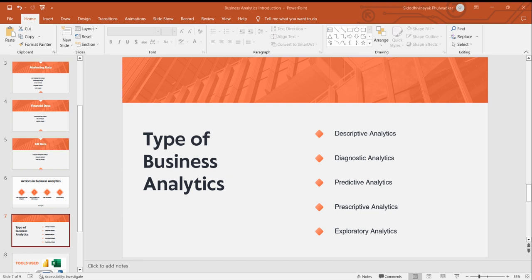Exploring a data set means we generally have a data set, but we don't know about that. Imagine we are having a data set about, let's say, a real estate company. Currently we have done only descriptive analysis.